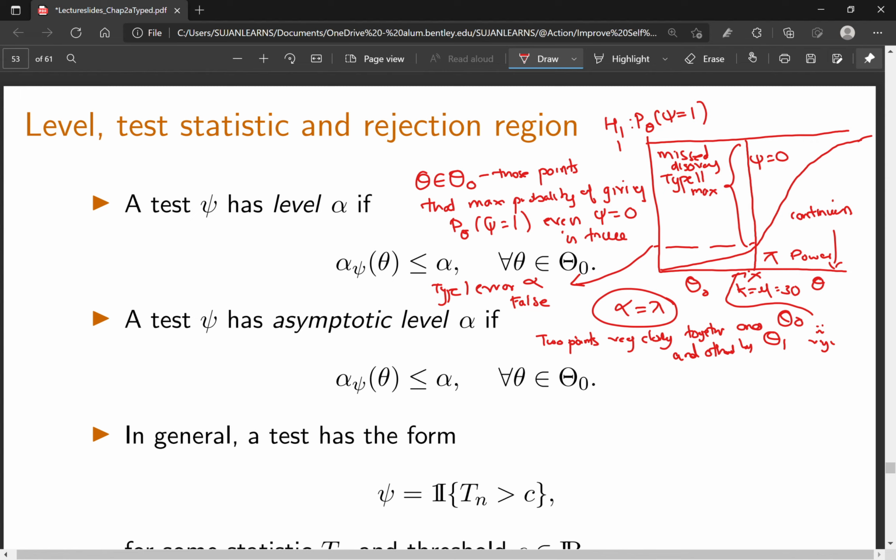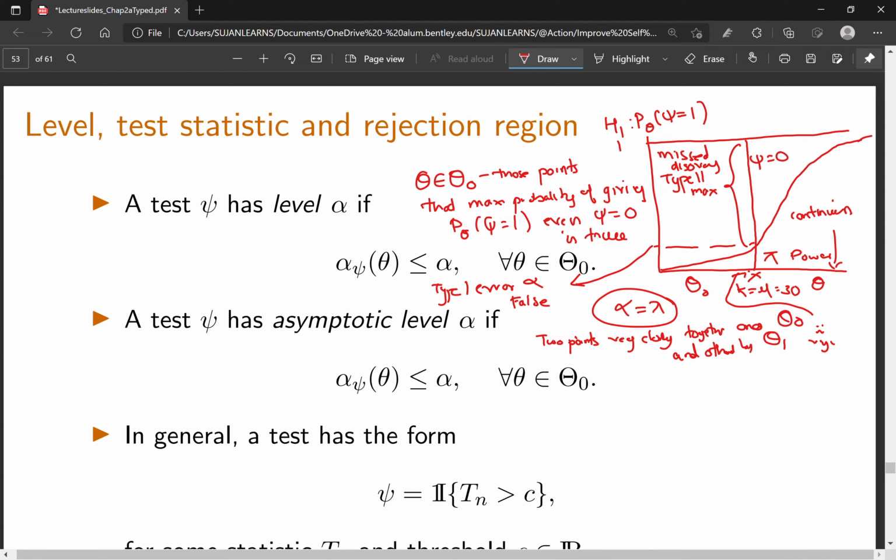Now that is clear. Therefore, we have the type 1 probability. It is controlled by alpha. That means the ceiling is alpha, and you cannot go beyond that. As an analogy, we are saying we cannot go more than 5%.